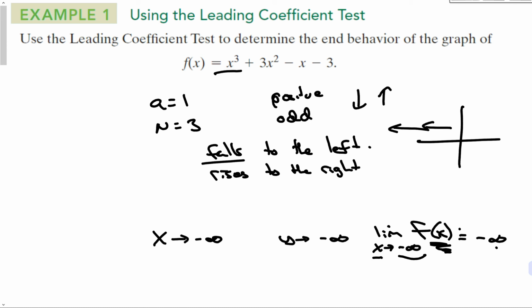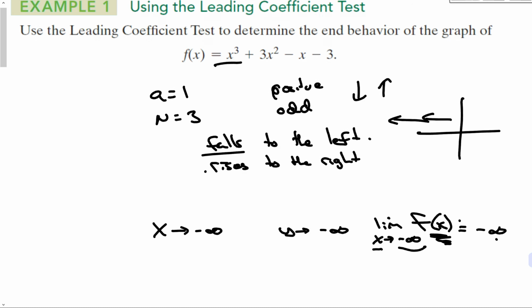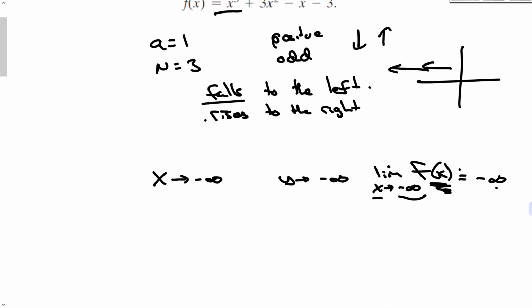Okay. Let's try limit notation for the next one. Rises to the right. So that means I'm going right now on this function, which means the limit as x approaches infinity of my polynomial function is going to be, it's rising as I go right.